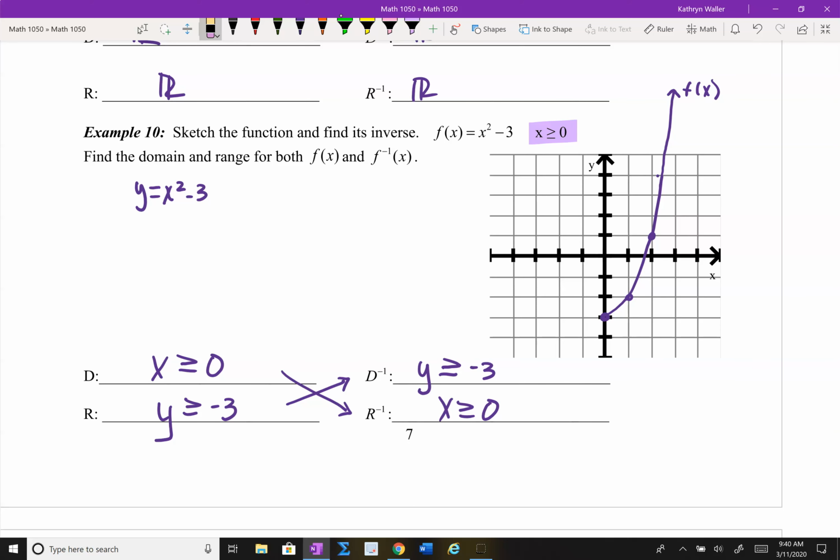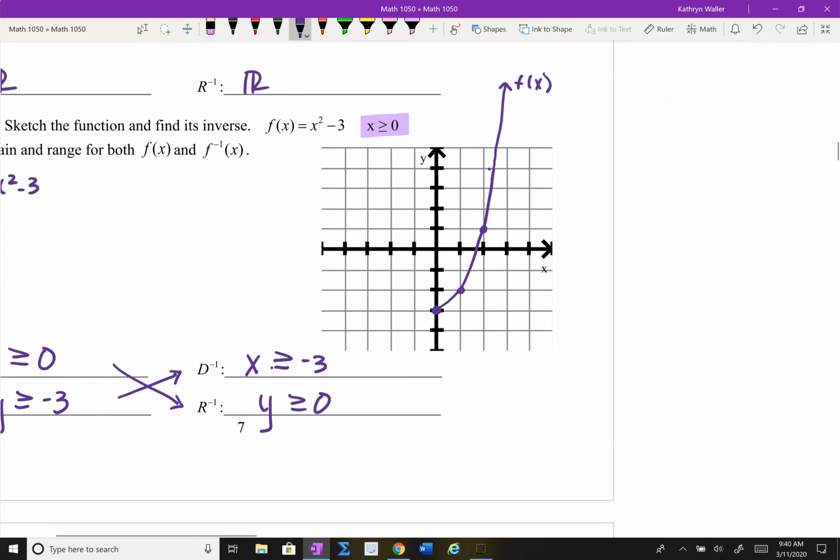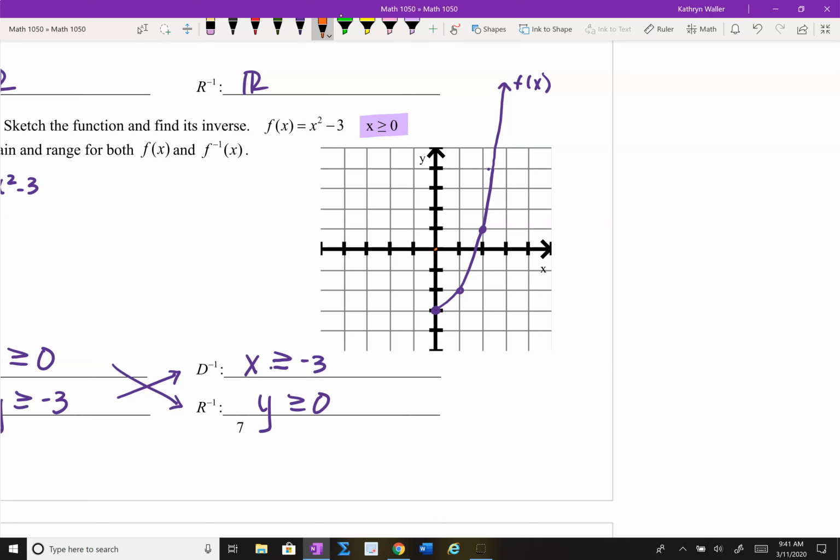Why is that wrong? Yeah, domain is x and range is y. So that's why I wrote it in inequality form, to be honest with you. I just wanted to have that conversation that yes, they completely match, but you have to make domain x's and range y, okay? Okay, the next step is to draw the line y equals x.